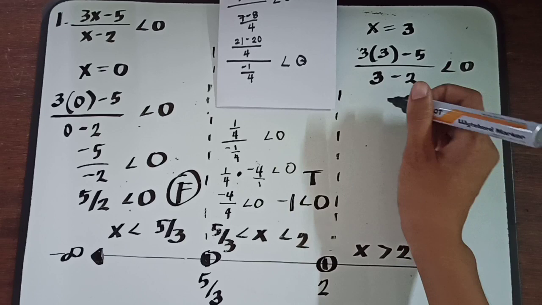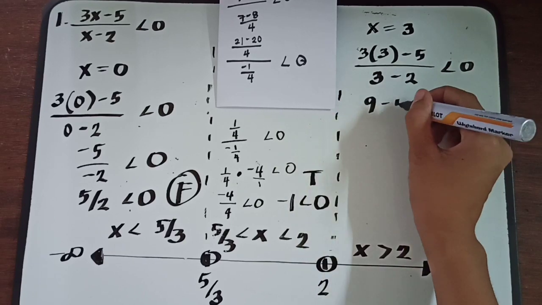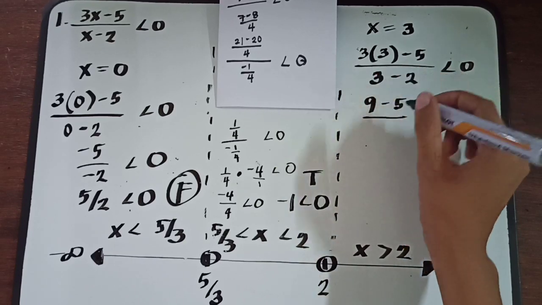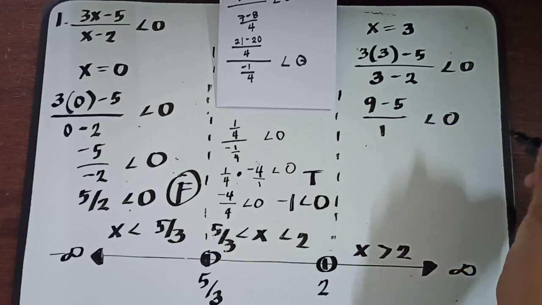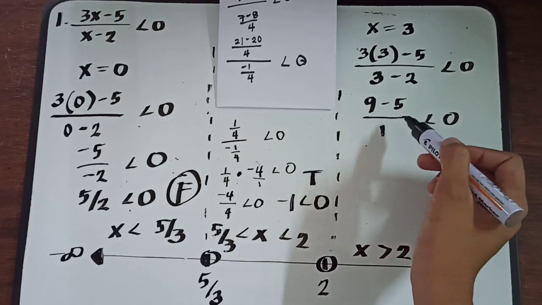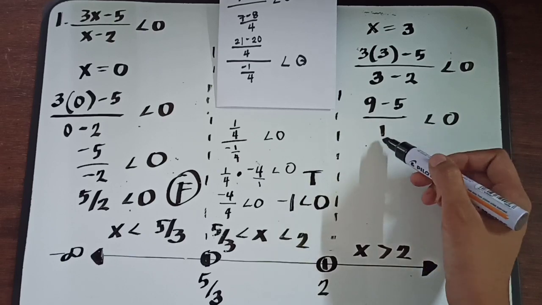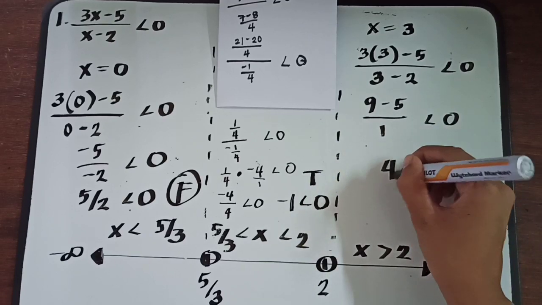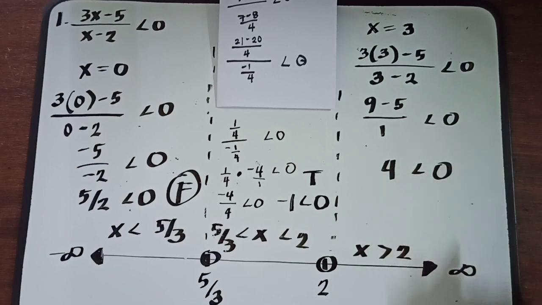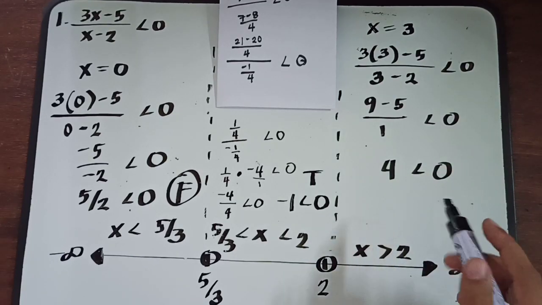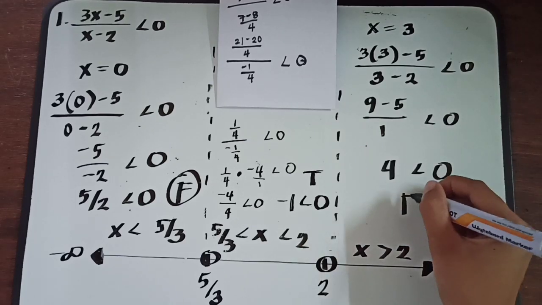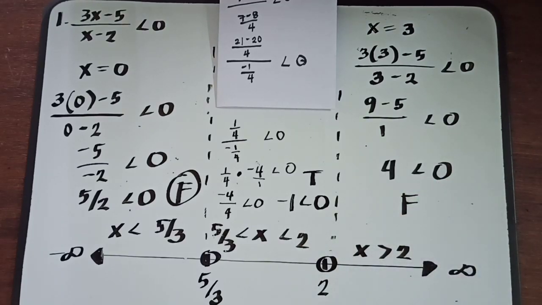So, 3 multiplied by 3 is 9 minus 5 over 3 minus 2 is 1, which is less than 0. And 9 minus 5 is 4 divided by 1 is 4, less than 0. Obviously, 4 is not less than 0. So, ibig sabihin po, this is a false statement.